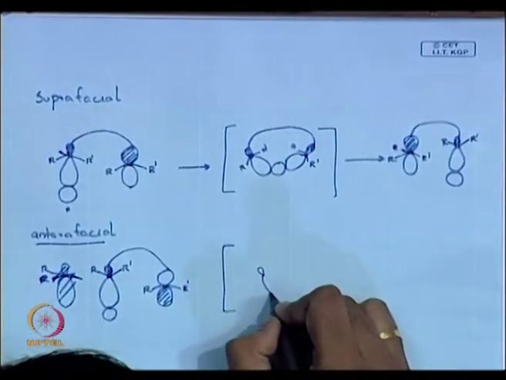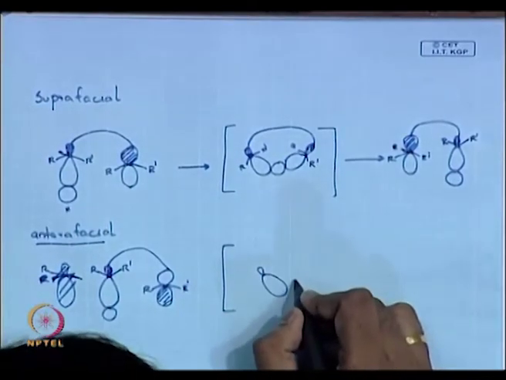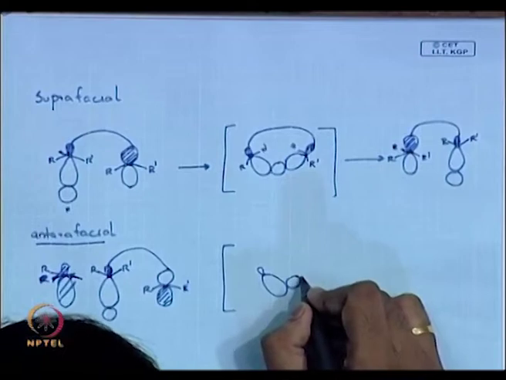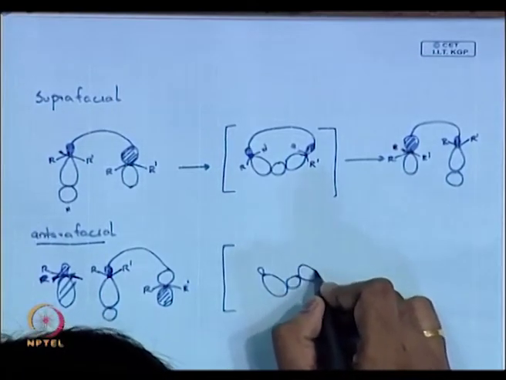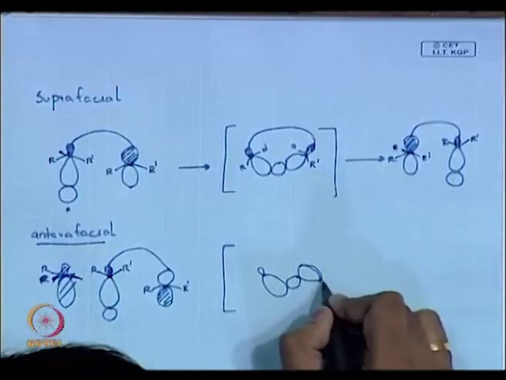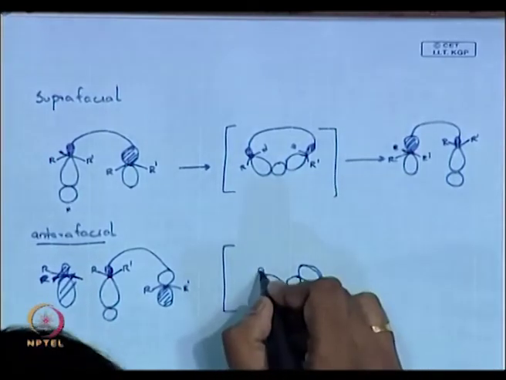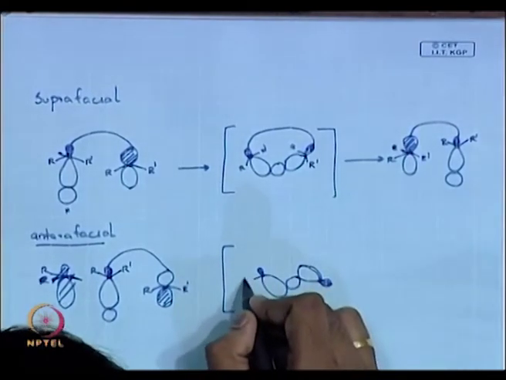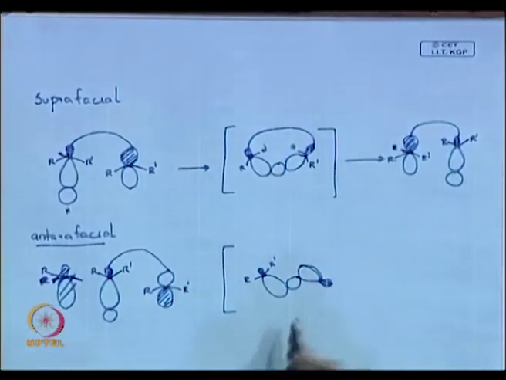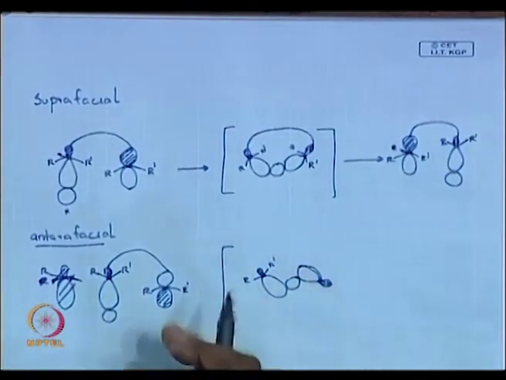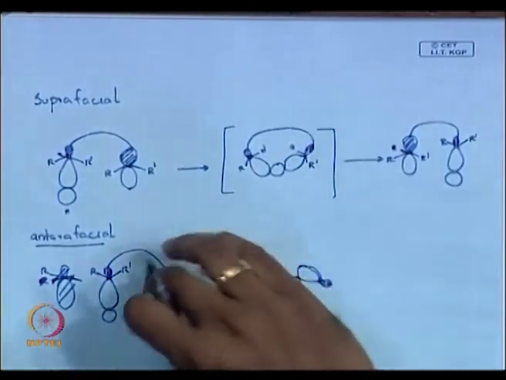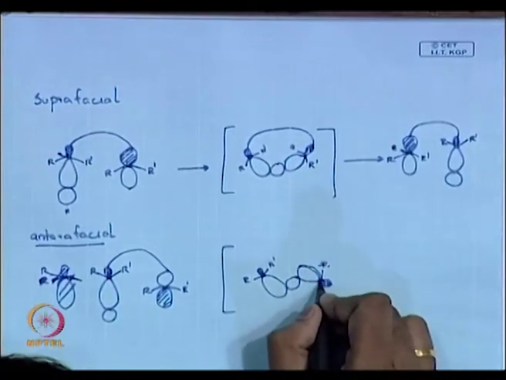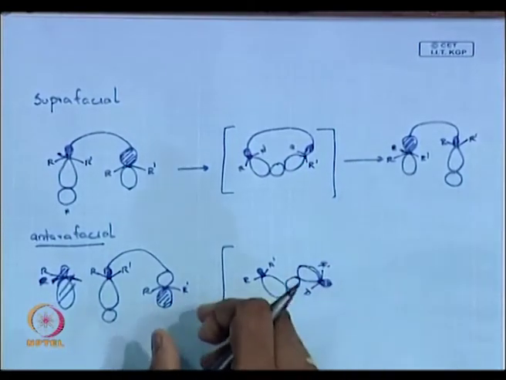Now I want your R, this R and R prime to be, because it has turned like this, right. So your R prime will be on this and your R will be here, right. I just turned this.